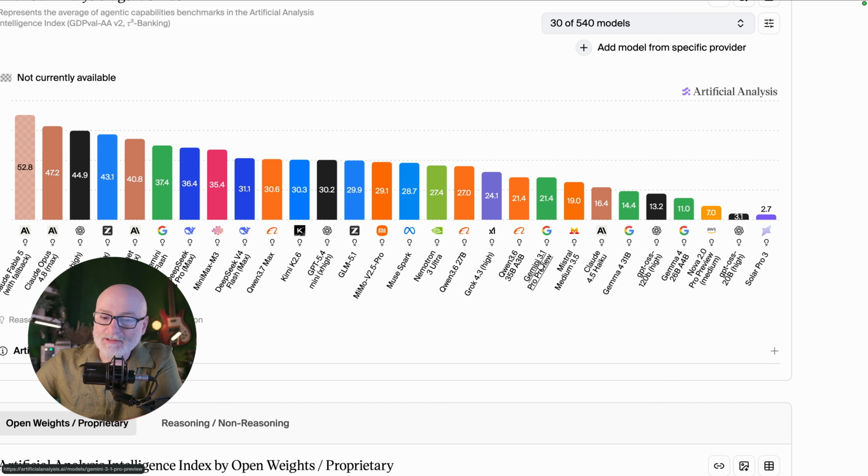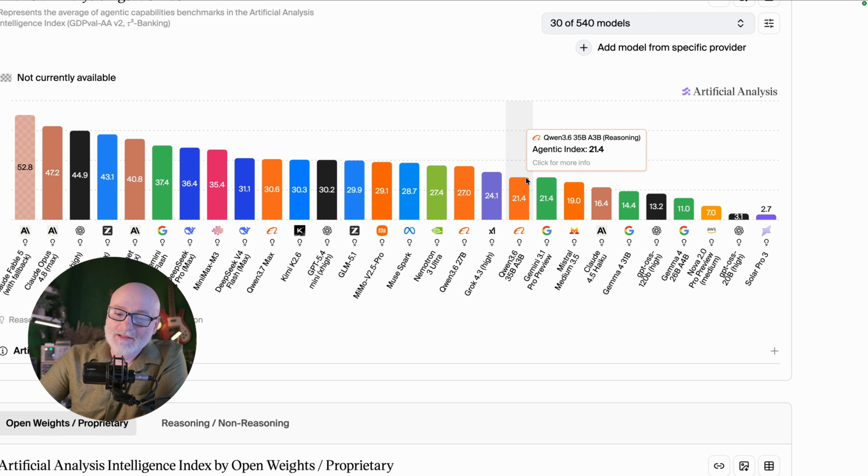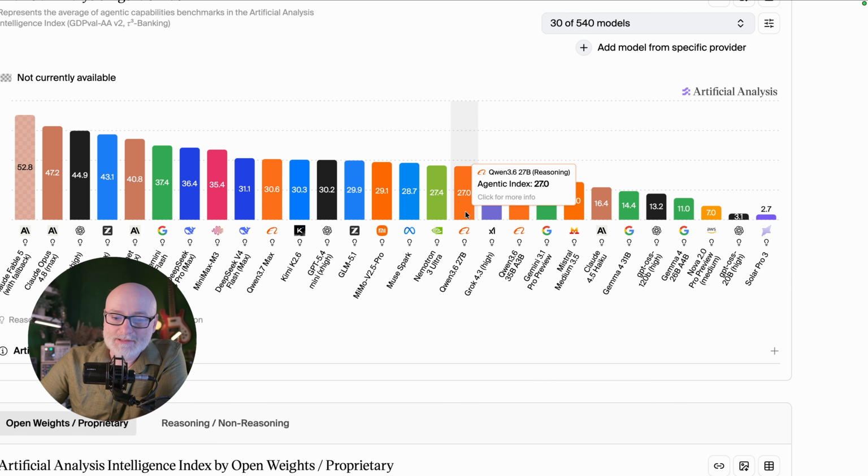But then there is the Gemma model, the Gemma 4 31 billion and the Gemma 4 26 billion. When Gemma came out, I was really impressed, and I was running the 26 billion. I was like, wow, this is so great. Then I tested the 31 billion, and I said, wow, this is actually much better. And now I see the numbers. There is a reason. It's almost double.